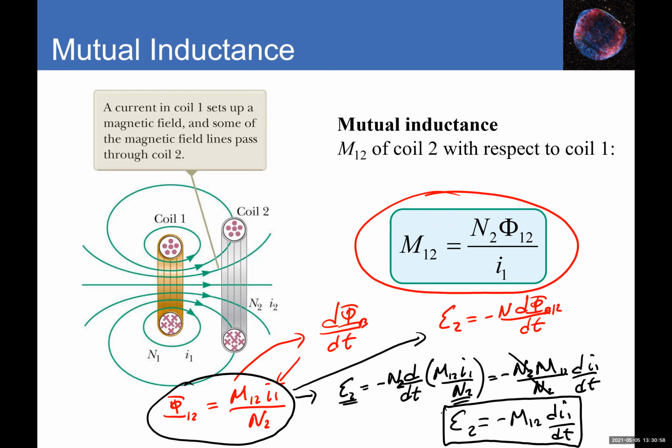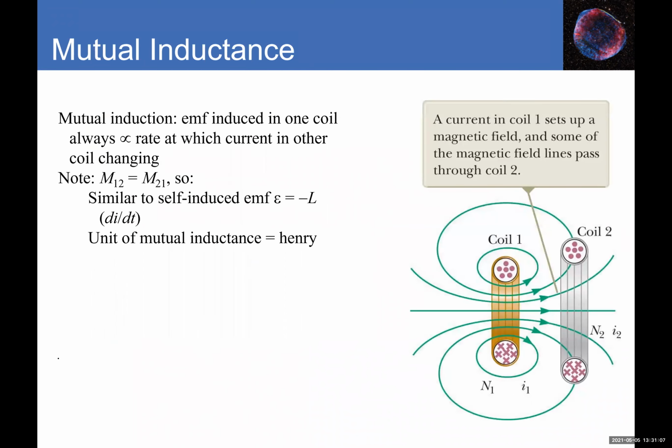That means EMF2 is equal to the negative of the mutual inductance times di1/dt. All right, that's kind of what we can do. We can also assume that once the EMF and current are induced in coil 2, coil 2 generates its own magnetic field, let's say B2, which goes like this, and then it will generate EMF in coil 1.